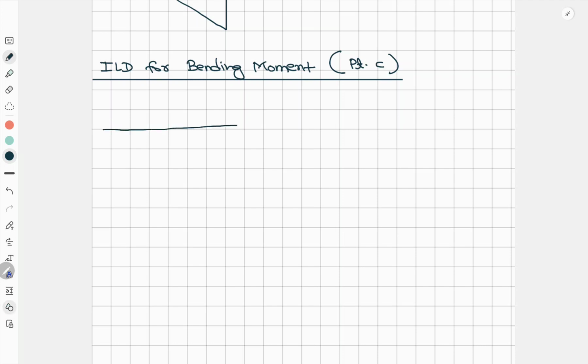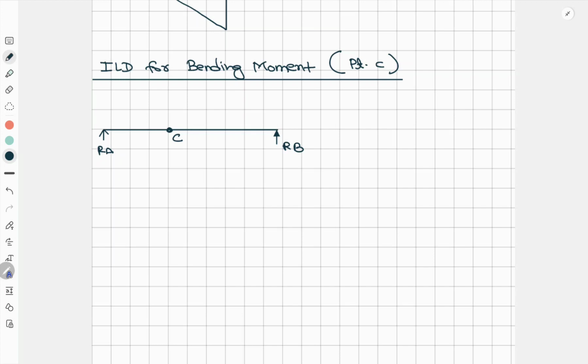This was the A and B point, and one load is acting on the RA and RB. So here this is RA and this one is RB. Now here assume it as point C, right?